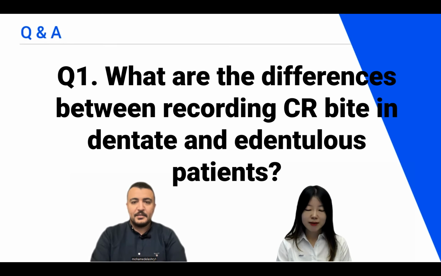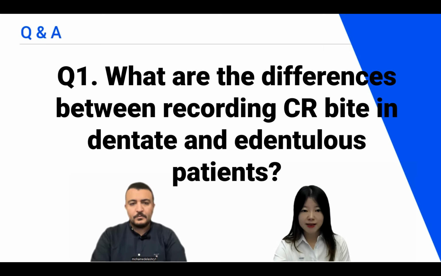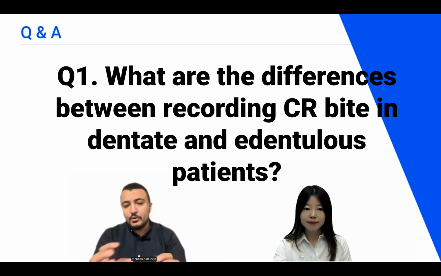Question number 1: What are the differences between recording CR bite in dentate and edentulous patients? Actually, the main problem, Jenny, for recording the centric relation and vertical dimension for a dentulous patient is the overclosure of the mandible, because the mandible closes in a very anterior position, which is called pseudo-prognathism.